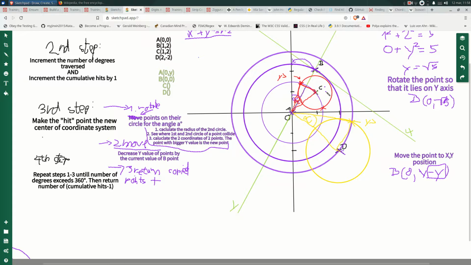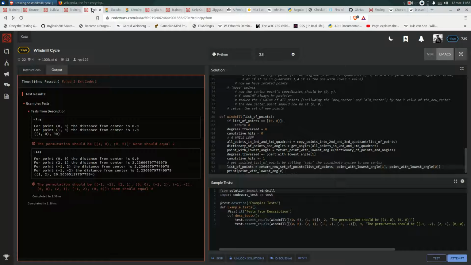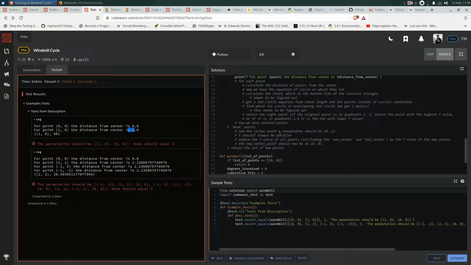And now I cannot realize what's wrong with this application of Pythagoras' theorem.